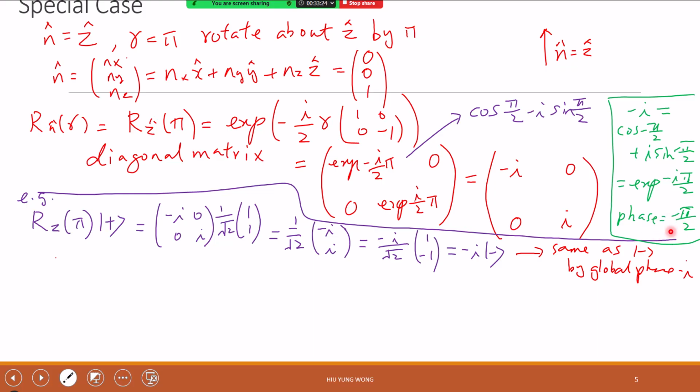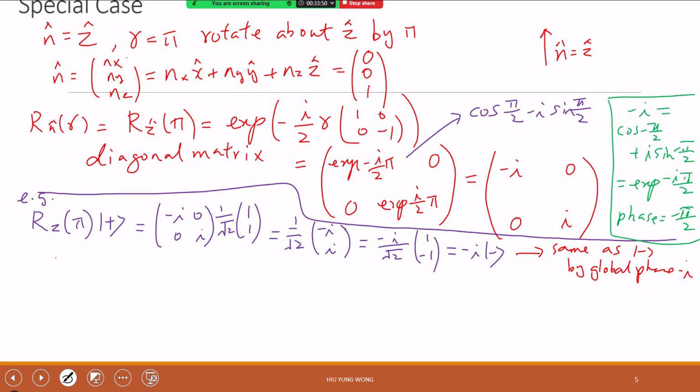So they have a phase difference of negative pi over 2. Okay, if you don't have this negative, then the phase difference is pi over 2 because this will become positive. You find that i is just exponential i pi over 2. Right? Great. Any other questions?